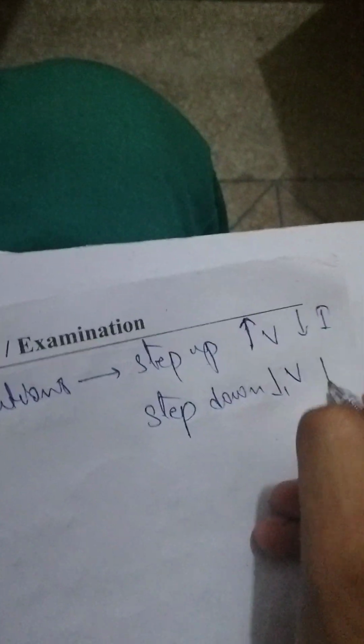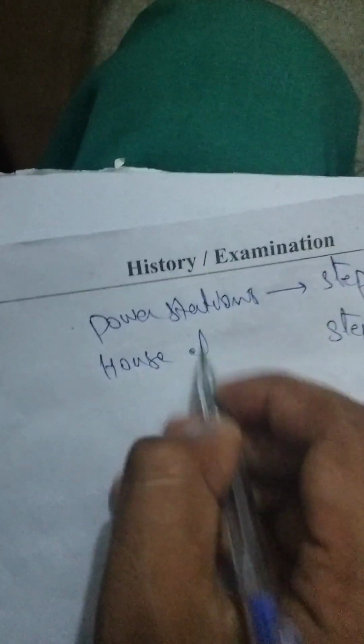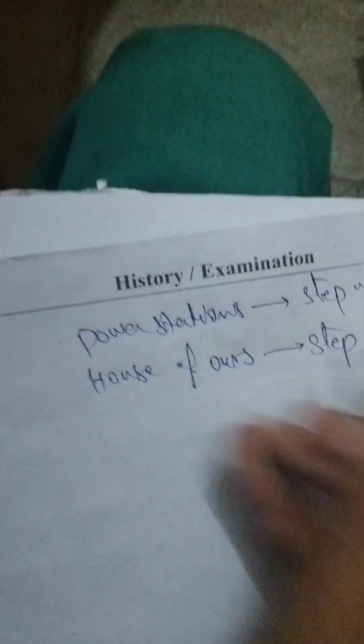And in our home supply, we use step down transformer, which lessens the voltage value and increases the current value for domestic appliances. This is the house of ours, we can see.